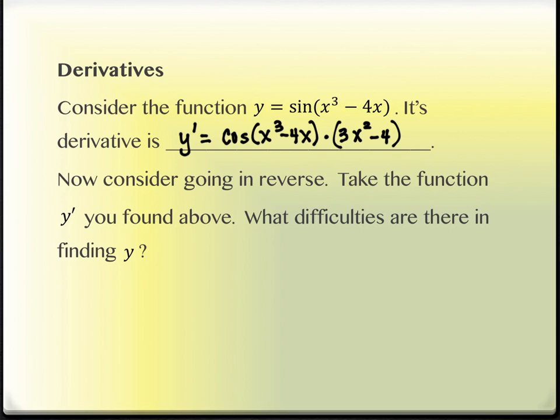So the difficulty, if you just started right here, is that it looks like it's a product, correct? So what difficulties are there in finding y? Well, the difficulty is that it's a product.